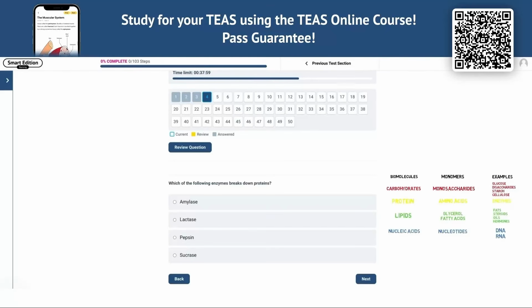So this is a great question because on the TEAS exam, you're going to have questions that come up on macromolecules kind of in two different ways. So you're going to see questions like this where it's really related to A and P, specifically the gastrointestinal system.